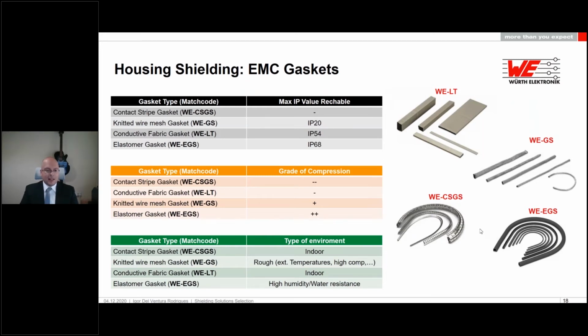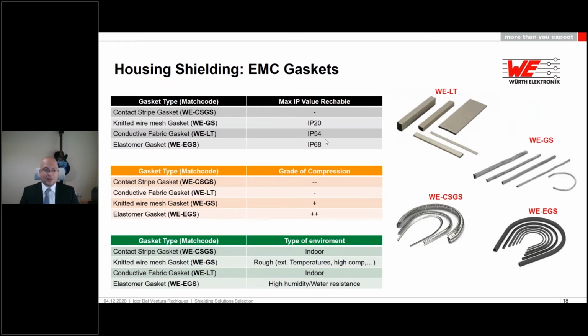And here I listed the main differences between them, so you know which one you have to choose for each occasion. So if you're into having IP protection, then you can utilize, for example, WeGS that will give you IP 20, or WeLT that will give you IP 54, or IP 68 with WeEGS.